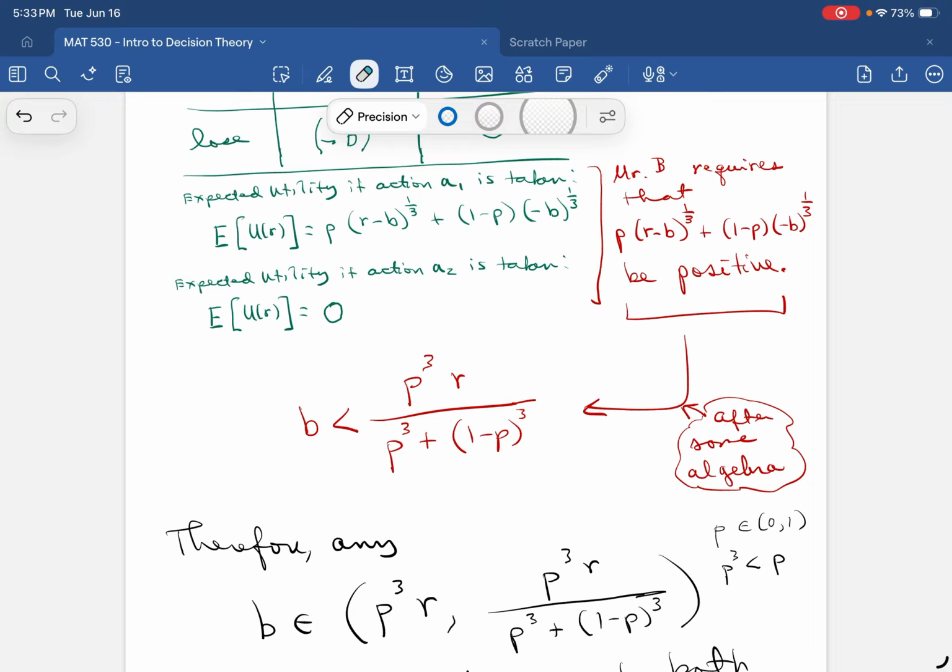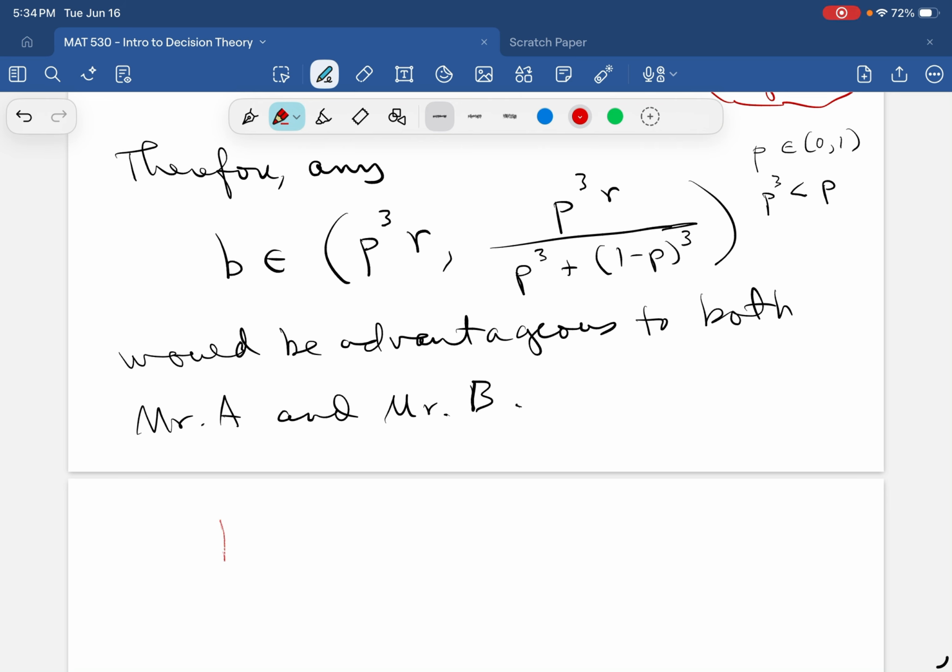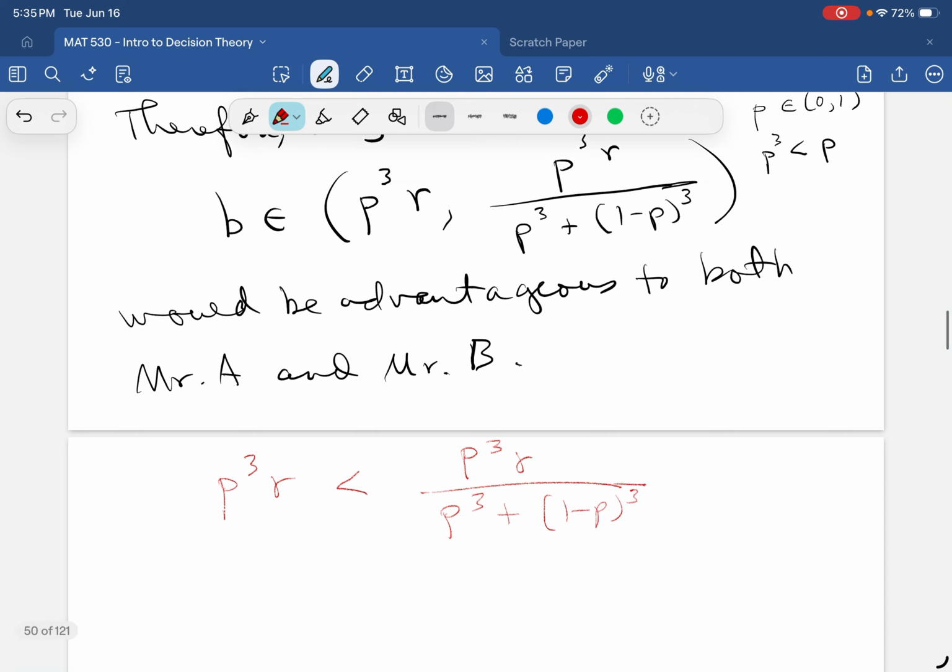So really the only part left here is for us to verify or check when this is valid, right? This value on the left needs to be less than this value on the right. So again, we need P to the 3rd times R to be less than P to the 3rd times R over P to the 3rd plus 1 minus P to the 3rd.